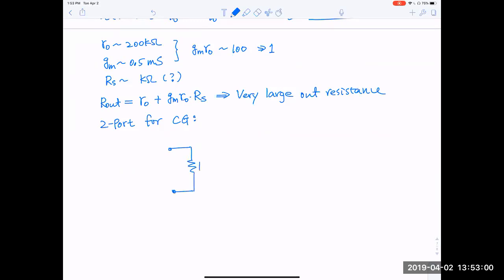This is R in, and we have a dependent current source, okay? And the current source is really -1 times I in. So here is I in, -1 times I in, okay? And this is a current amplifier. We have R out here, okay, R out.